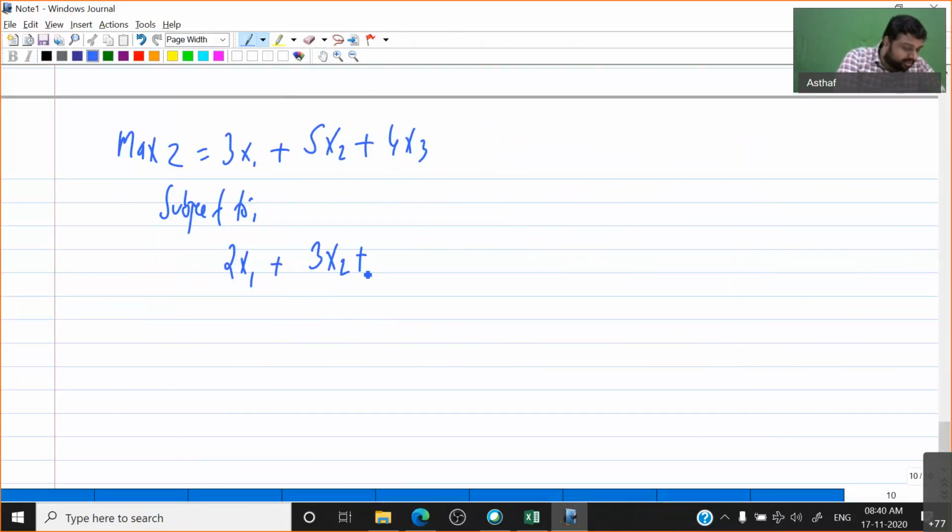There is no x3, so I will just make it 0x3, less than or equal to 10.